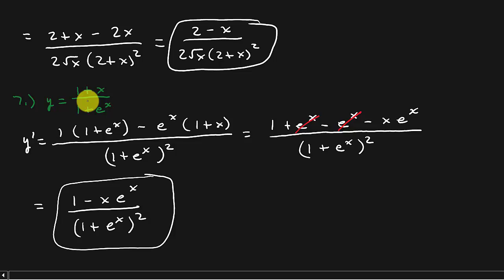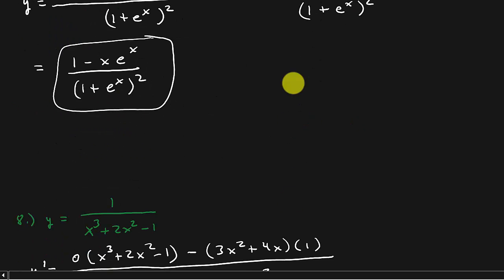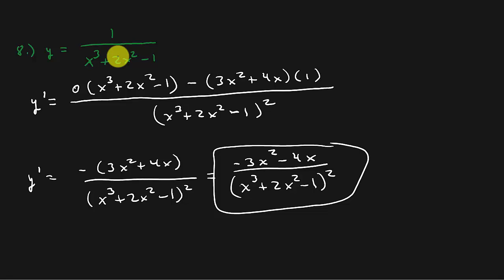You'll learn that when we get into chain rule. But as far as this one, I think the quotient rule is easier to do than chain rule. But on this one, doing chain rule would probably be easier than quotient rule. But like I said, I don't know if it's going to be the next video, but maybe the one after that. Just look for the one on chain rule.